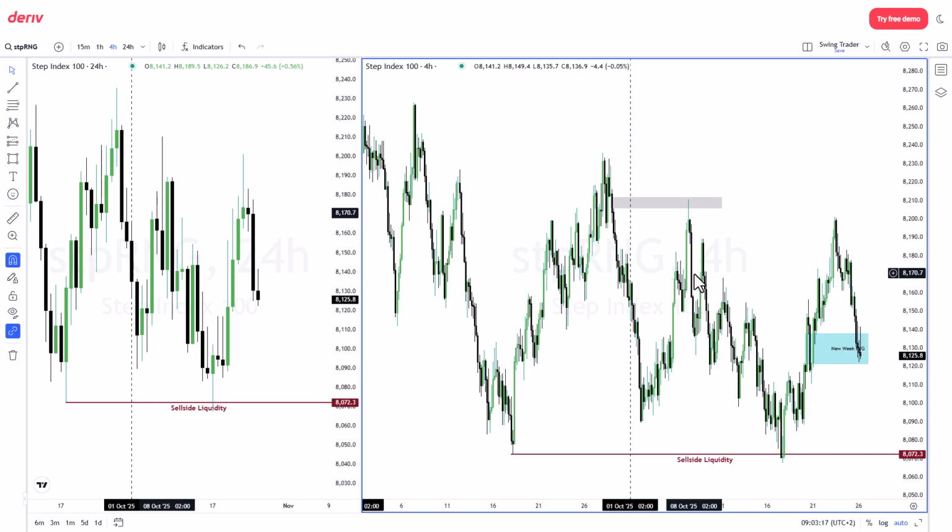If you are dealing with a consolidation market, then what is the PD array that is most suitable for that market condition? It would be an order block. Order blocks in consolidation markets, they work wonderful.